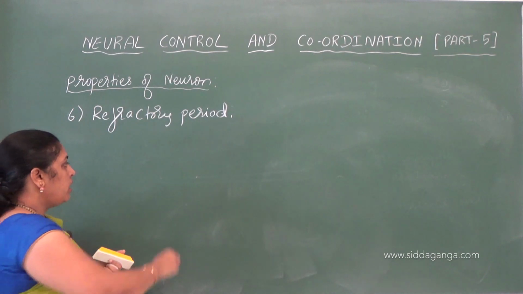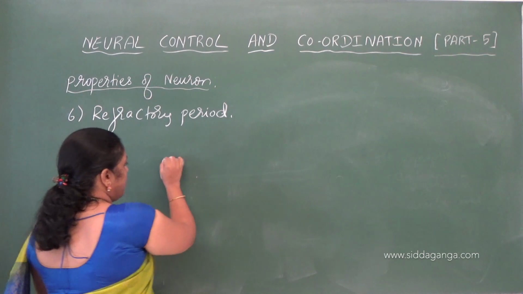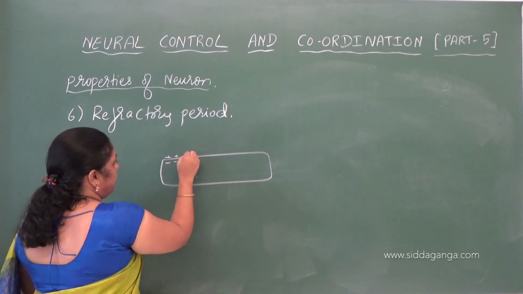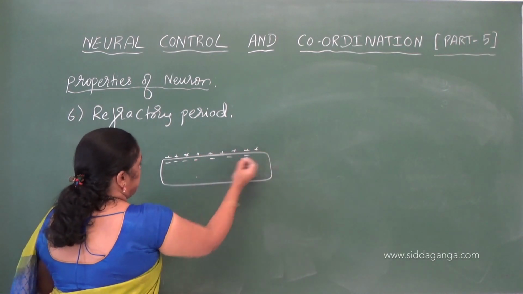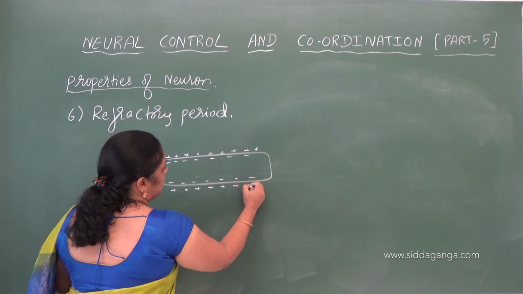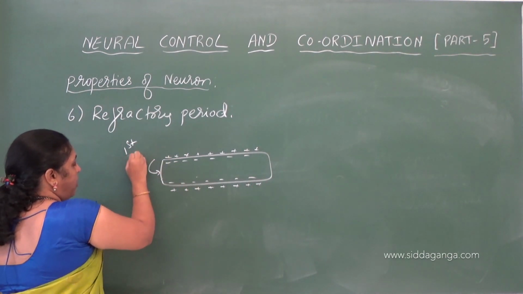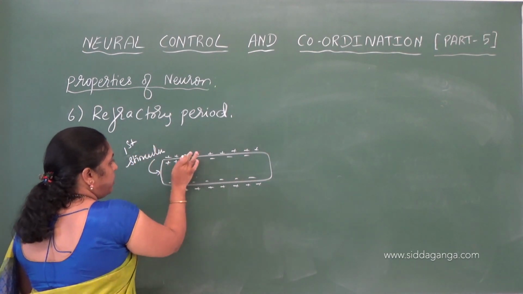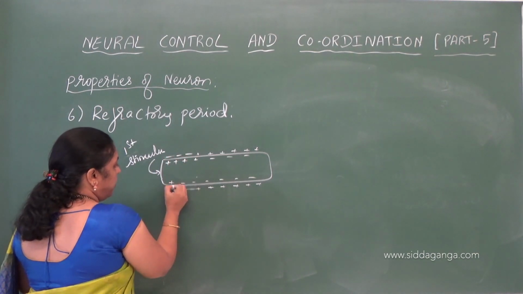Once the impulse is generated, here the inside is negative and the outer is positive. When we apply a stimulus for the first time, this area becomes depolarized: the inner becomes positive and the outer becomes negative.